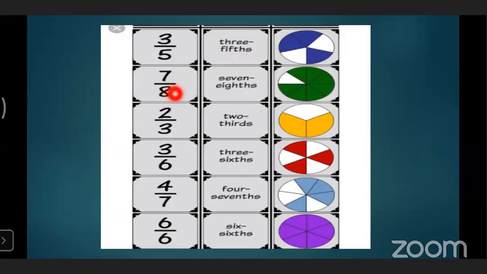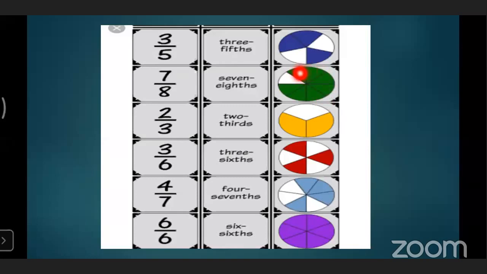Okay, now the next sum. 7 upon 8. We can read that as 7/8. This whole circle is divided into 8 equal parts. Let us count. 1, 2, 3, 4, 5, 6, 7, and 8. And how many parts are colored?